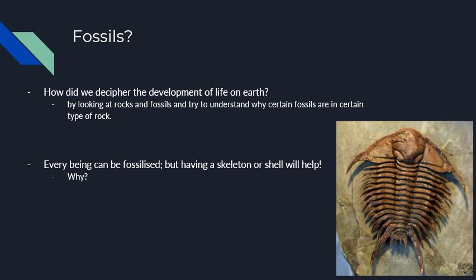And if we find skeletons or remains of these skeletons inside rock, it might tell us something about the conditions they were living in. And by looking at rocks and fossils and trying to understand why certain fossils are in certain types of rocks, we can explain things about how the landscape looked back then.